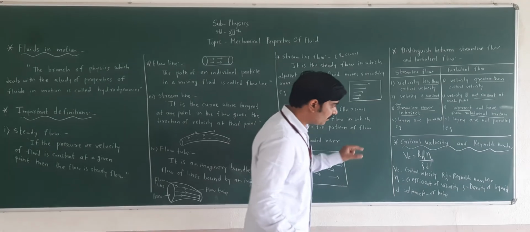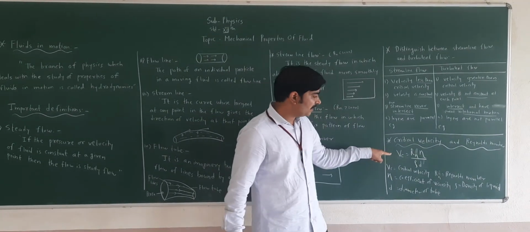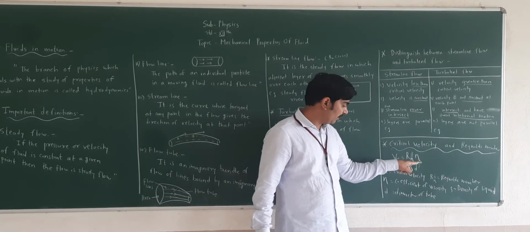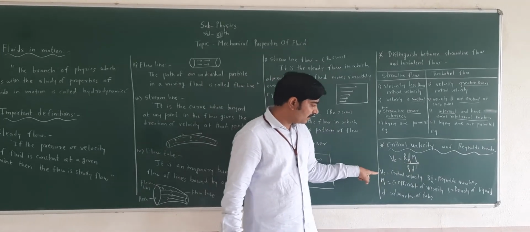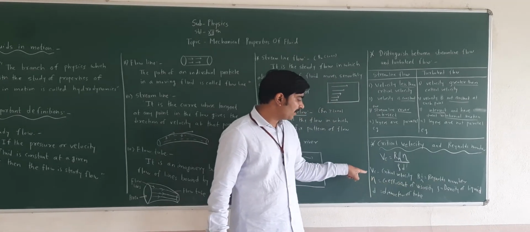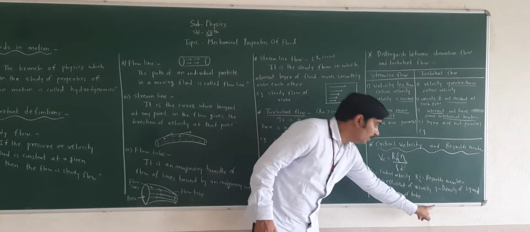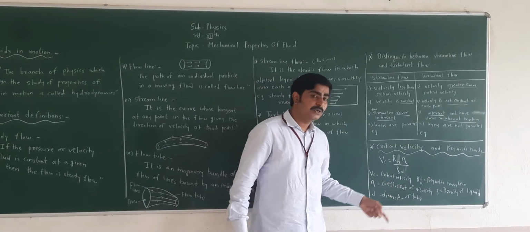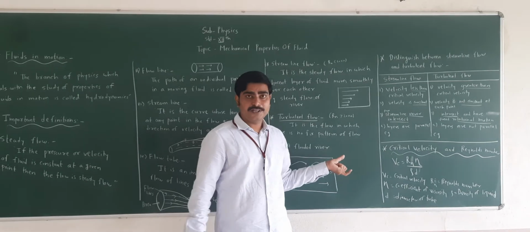So what is the formula for the critical velocity? Vc is equal to Rn into eta upon rho into d, where Vc is the critical velocity, Rn is the Reynolds number, eta is the coefficient of viscosity, rho is the density of the liquid, and d is the diameter of the tube. So in your textbook, the formula is given.